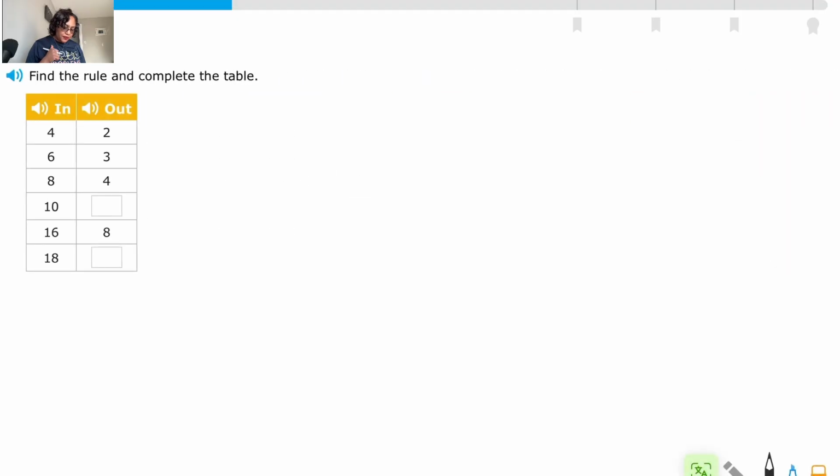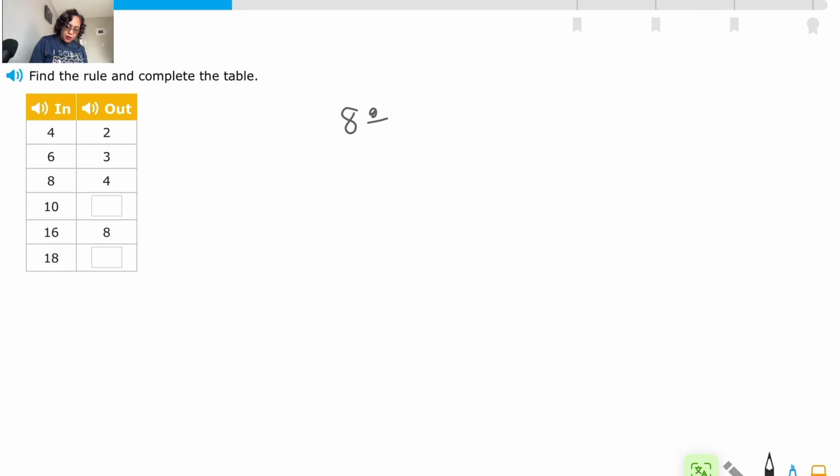Let's do one more. So here we have 4 and we are going down to 2. So I'm going to guess that it's division by 2, right? Let's see. So here we have, let's just use 8. So 8 divided by something, and I could use the division symbols here since this is 4th grade level.